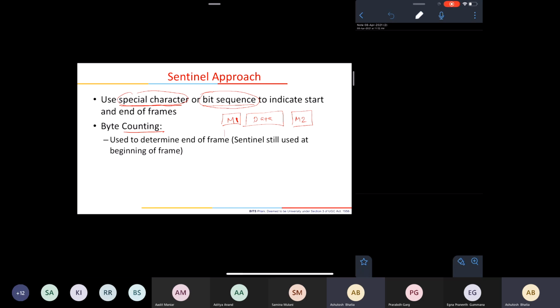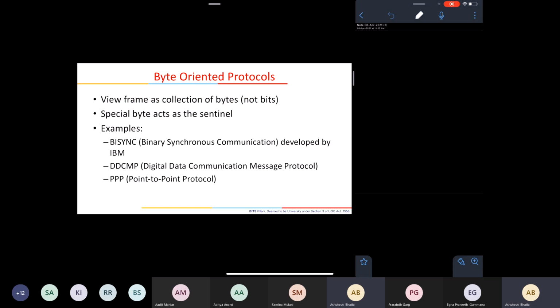Another way is to put M1 and then a count, say 10 bytes, and then the data. In that case I don't have to put the marker M2, because I already know that once the data has started, it is going to be 10 bytes, and after that it will end. That is the frame. So these are two simple approaches you can use.